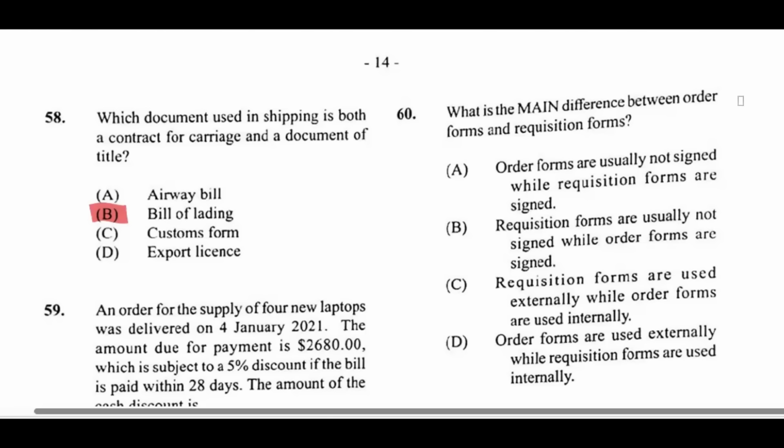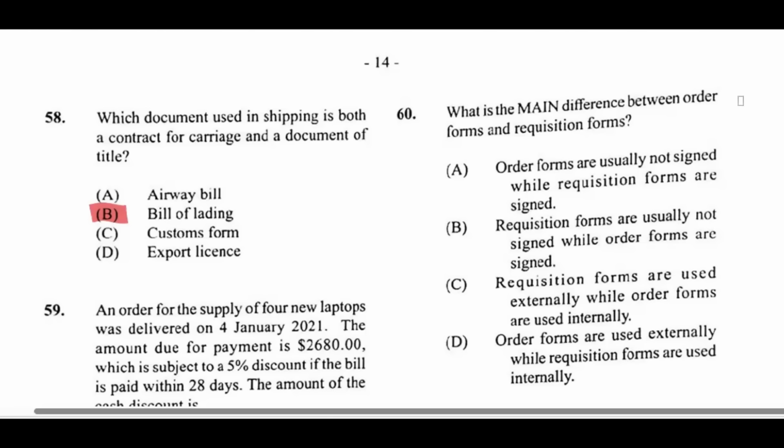Once they find their supplier, they will fill out an order form and send it to the supplier. What will be on the order form? A laptop and an office chair. You're letting the supplier know this is what I want to order from you. That is the order form.